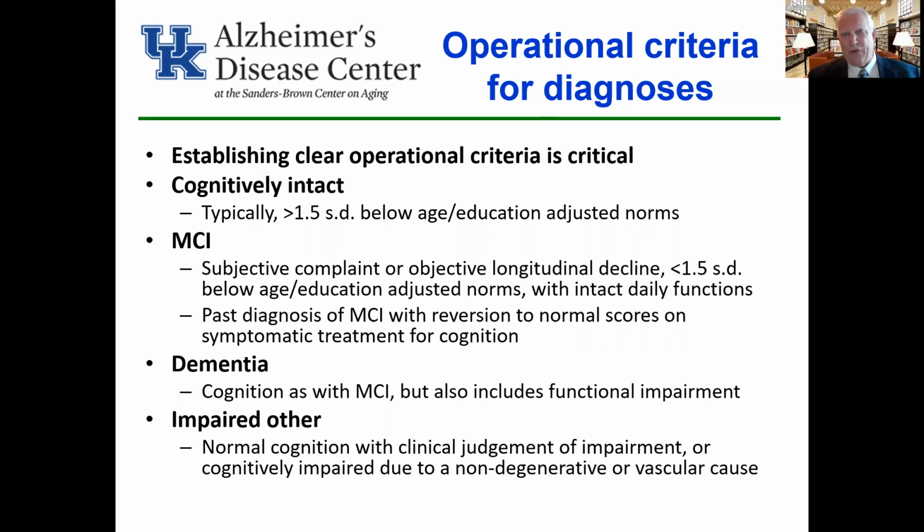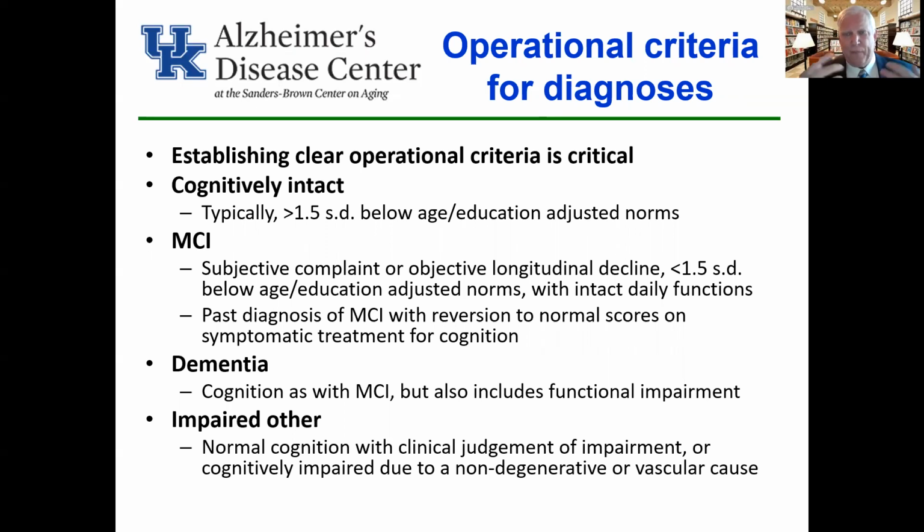So if someone starts out at 2 standard deviations above the mean and is currently functioning at the mean, they've lost 2 standard deviations, and that may well be a flag that they are developing some degree of impairment despite how they appear in normative samples. Our neuropsychologist will go into this in greater detail.